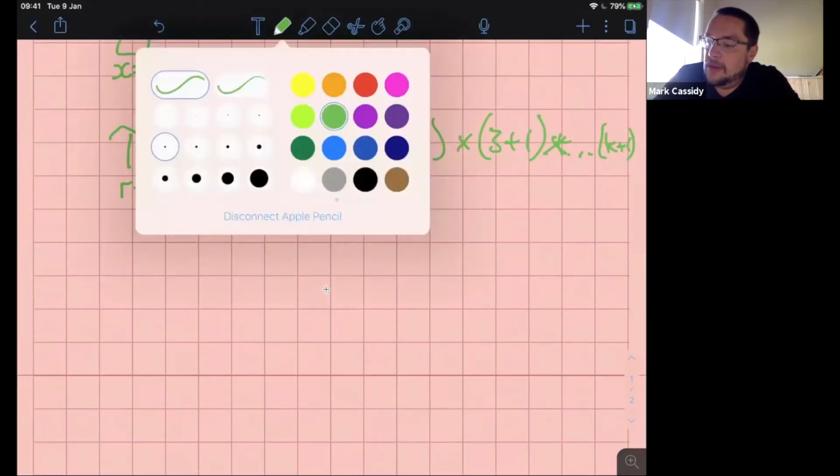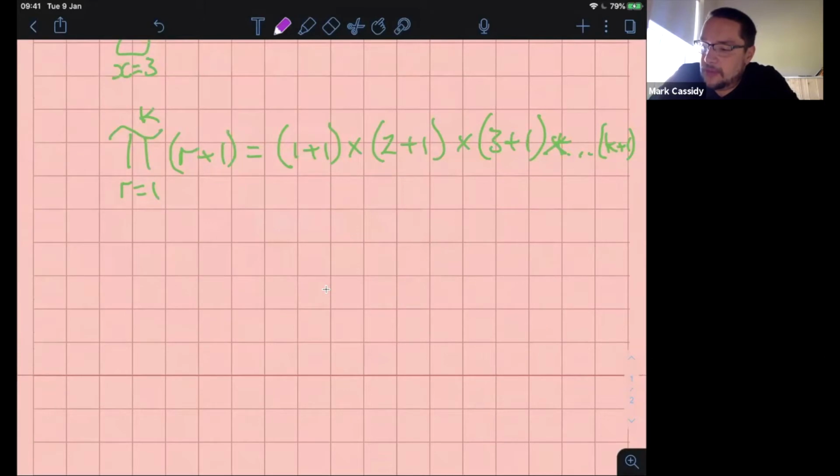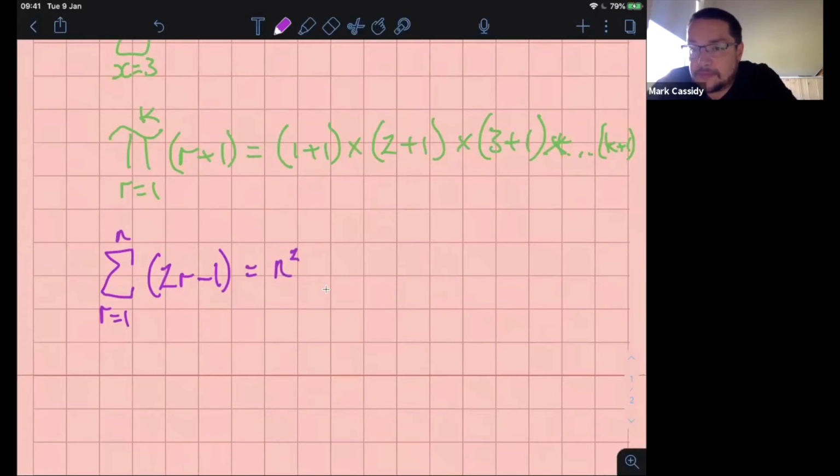So what we're going to do is prove by induction, from r equals 1 to n, that the sum of 2r minus 1 is equal to n squared. So really what we're saying here is that we can build n squared by adding together all the different components.